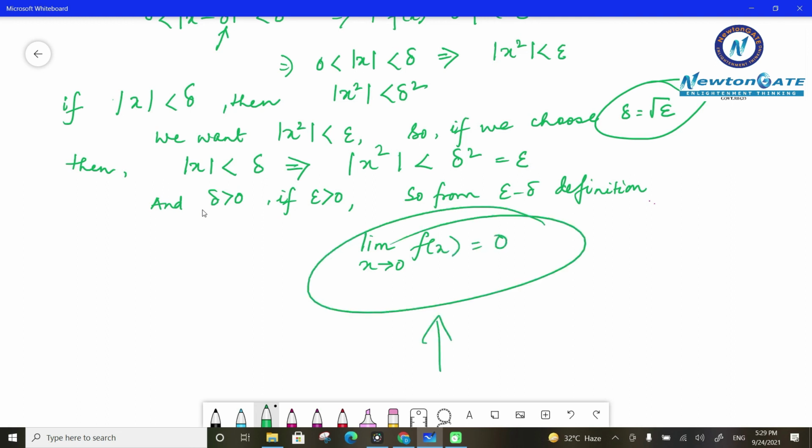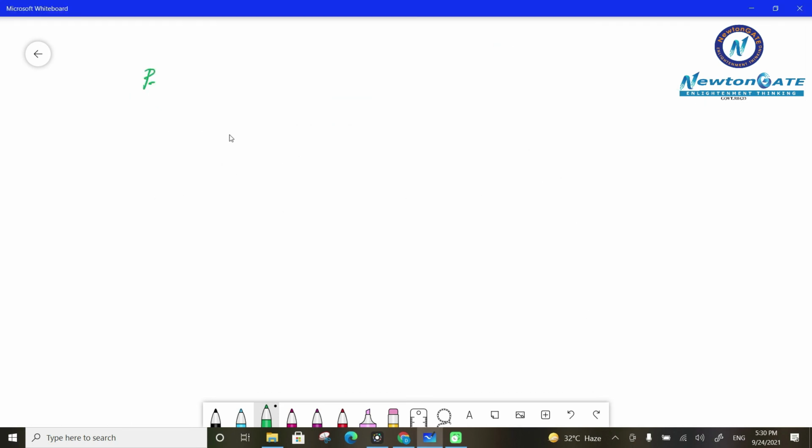Okay, so this is my epsilon delta definition. So now we will straight away go to the properties of limits. The properties of limits are very easy to understand, very simple. It's basically just addition and subtraction. So let's start that. So properties of limit.